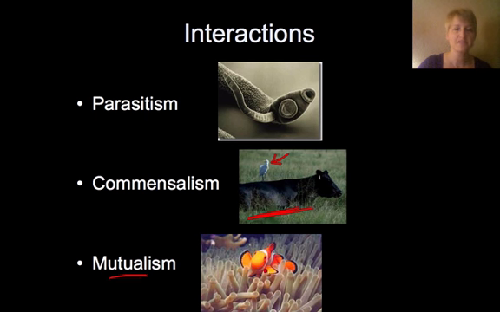And then even if it does sting them, the clownfish is basically immune to it. But the clownfish is protected by living inside the anemone, and the anemone gets some benefit from the clownfish because the clownfish is moving the water through the anemone, and that brings food in.